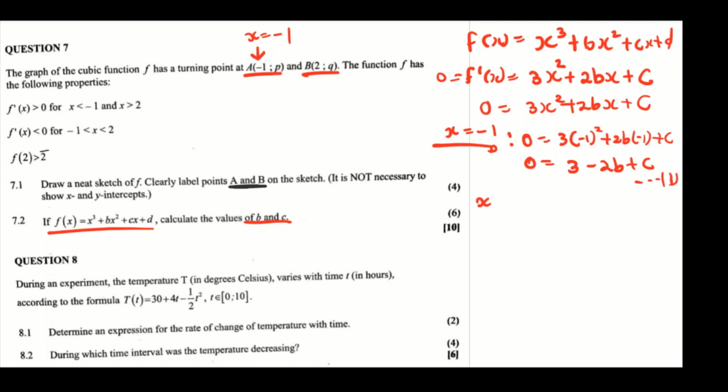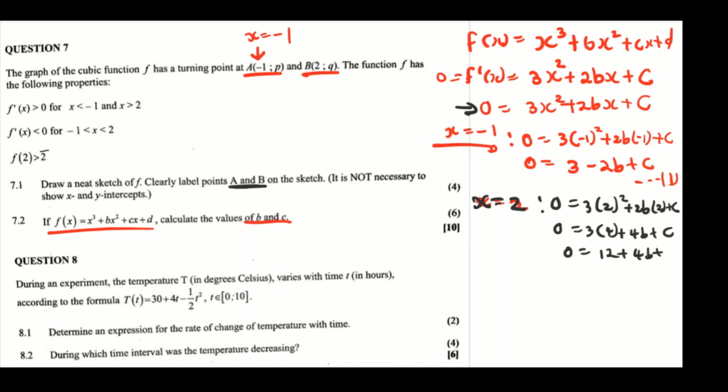And then when x is equal to 2, let me just use a different color. When x is equal to 2, now we have 0 is equal to, you're just going to substitute in this equation, 3 into 2 squared plus 2b into 2 plus c. 0 is equal to 3 into 4 plus 4b plus c. 0 is equal to 12 plus 4b plus c.